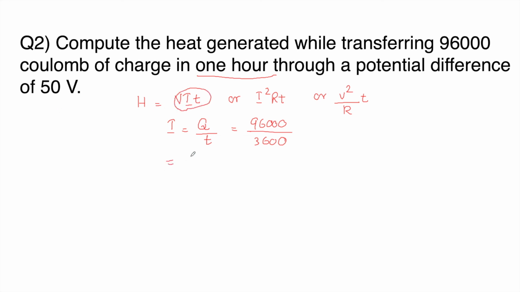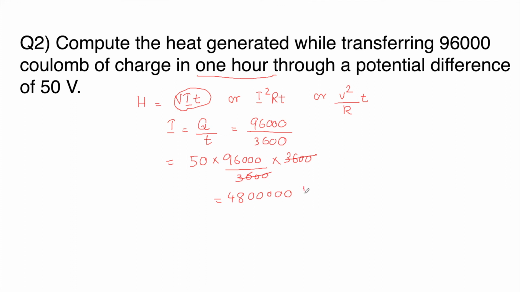50 volt V, I is 96,000 by 3600, into T which is again 3600. So it will be cancelled, and after multiplying this we'll get 48 followed by 5 zeros.